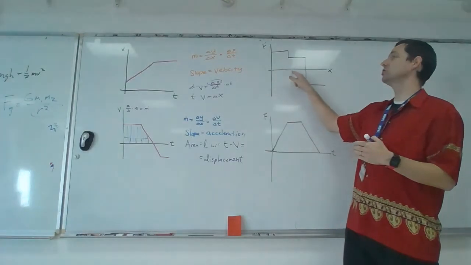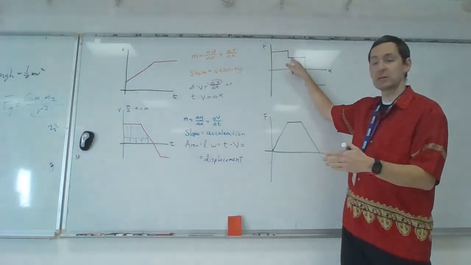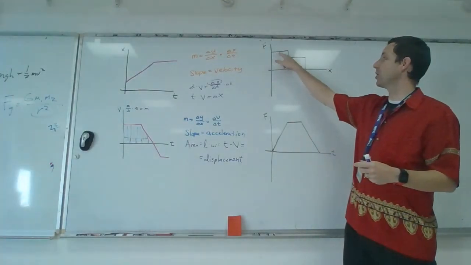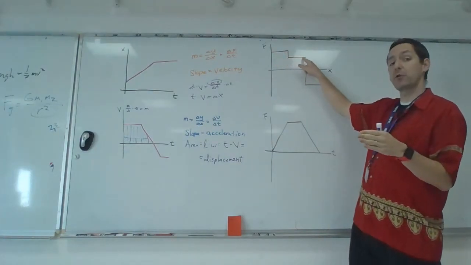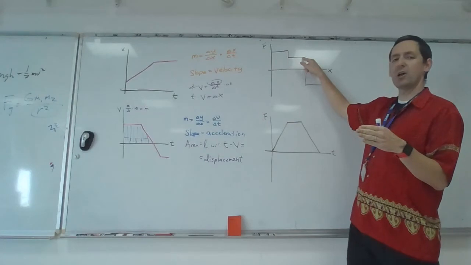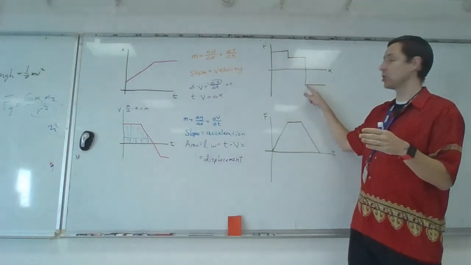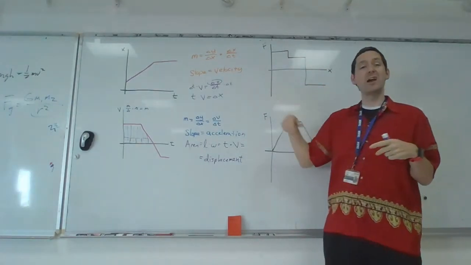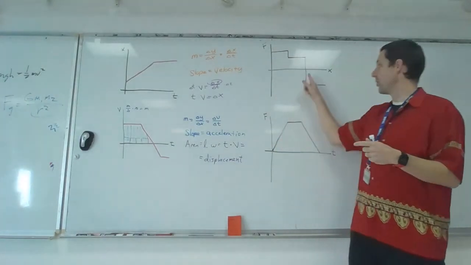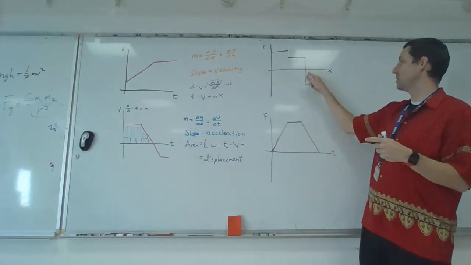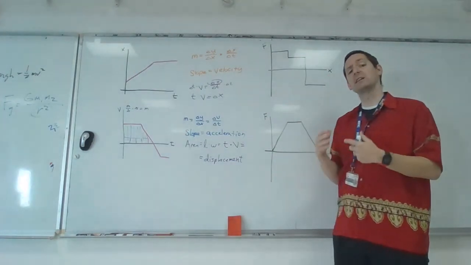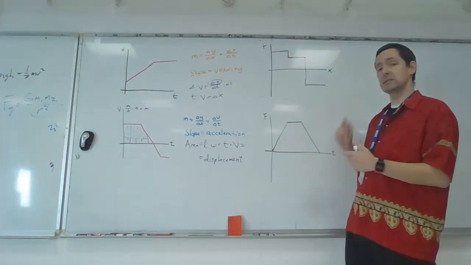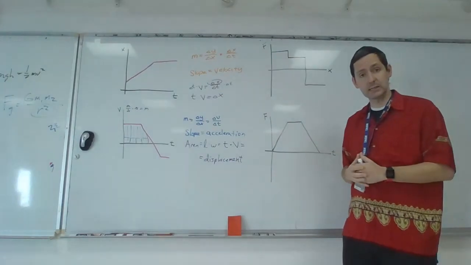When I've traveled 2 meters, what's the force on my object? I can see that I was pushing with a large force. When I got to a certain position, I started pushing with less force. Maybe I was getting tired. And then, I decided that maybe I needed to turn around and exert a force in the opposite direction. Now, the object is still moving towards the right, but I'm exerting a force in the opposite direction, maybe causing it to slow down during this kind of process.